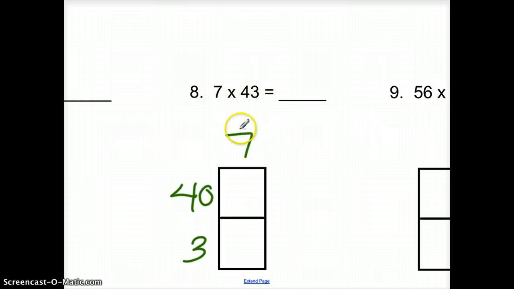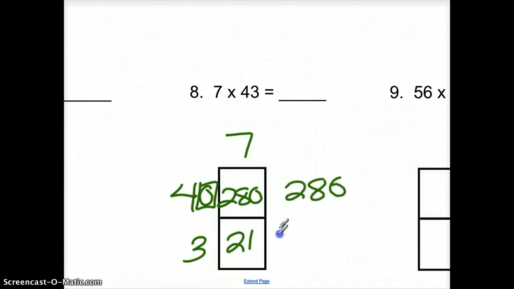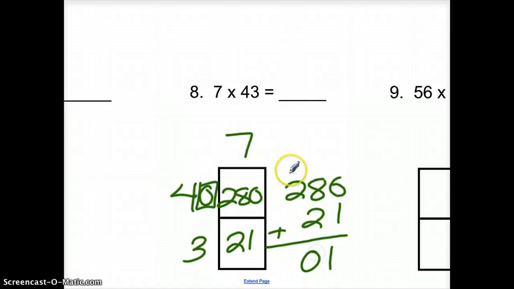I'll box out this 0. 4 times 7 is 28, plus 1, 0. 3 times 7 is 21. 280 plus 21. 0 plus 1 is 1. 8 plus 2 is 10. 1 plus 2 is 3. 301 is my product. So that's 2 digits times a single digit number.